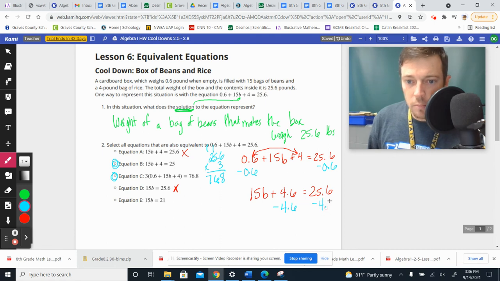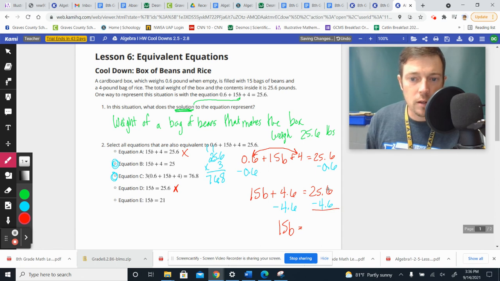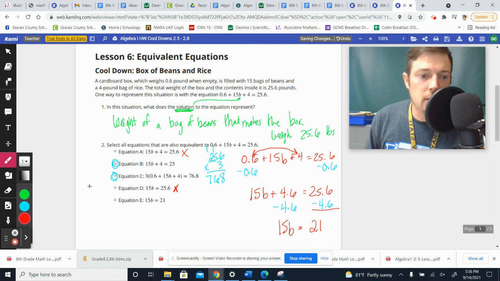Let's take away the 4.6 from the other side. And what that's going to do is leave us with a 15b on the left, which is what they're showing, right? And guess what? 4.6 taken away from 25.6 turns out to be 21 on the nose. And so that one works. That one's okay because they're doing the same thing to both sides.